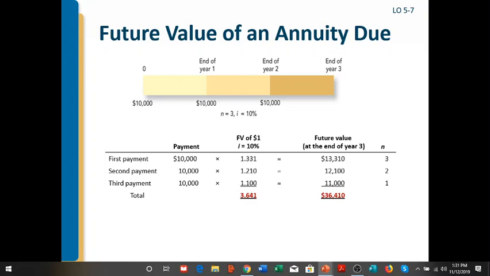And so if you go to your table 4, you find future value of an annuity due, table 5. And if you go under the 10% column down on period 3, you find the number 3.6410. That's the number you would use to multiply times 10,000.